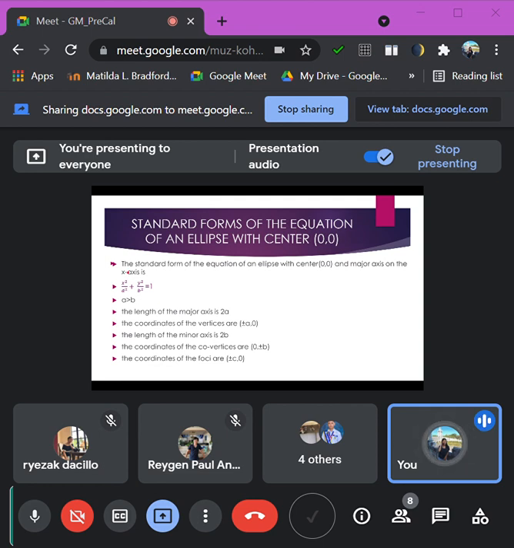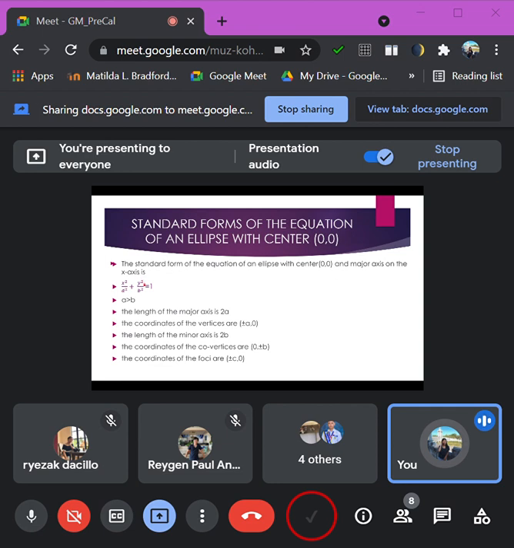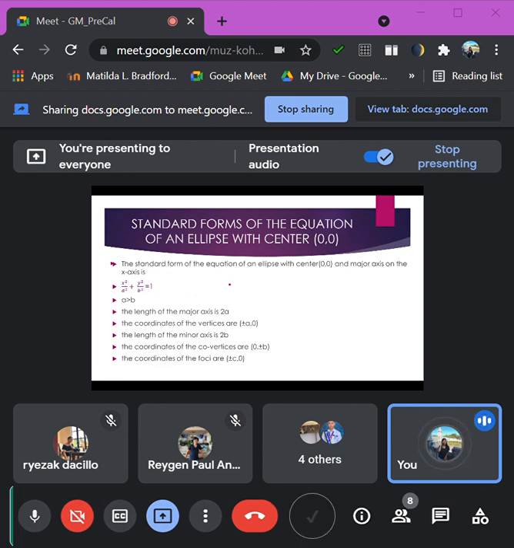So teacher, how will we know that kana siya nga formula is for horizontal siya? You can identify that one kay di ba we have there x squared and y squared man. So ang imong tan-awon class kung asa gani imong a dira, mao na siya maka-identify ka kung pa-horizontal ba siya or pa-vertical. Teacher nga no. 'Di ba niingon man ta nga ang atong A is our major axis which is taas siya.